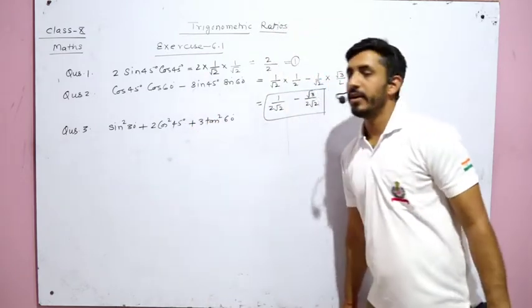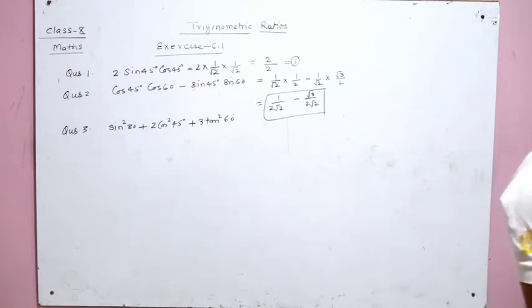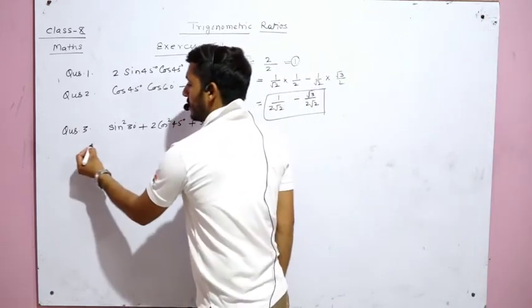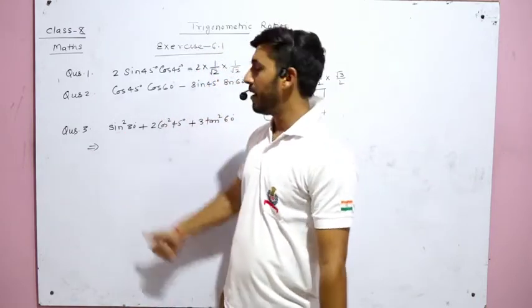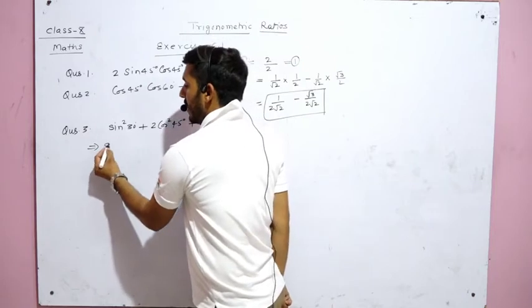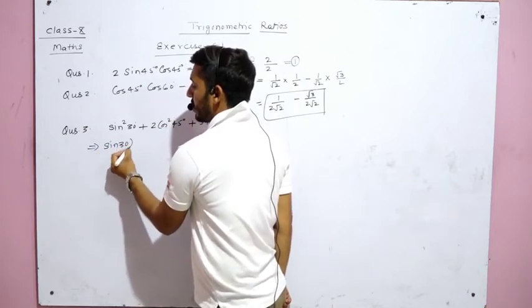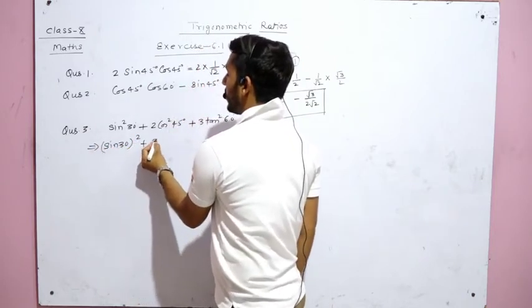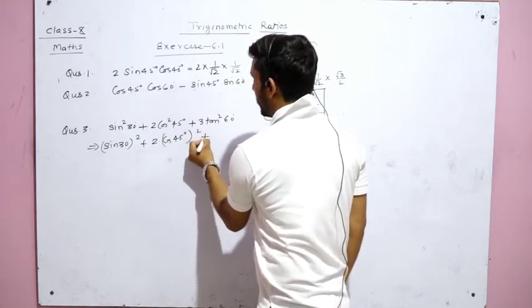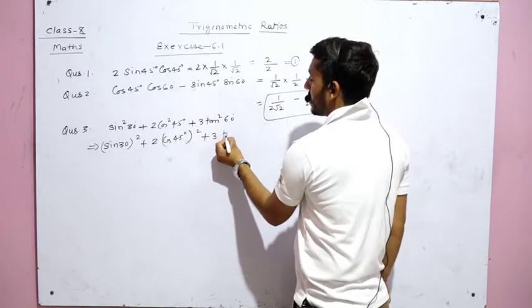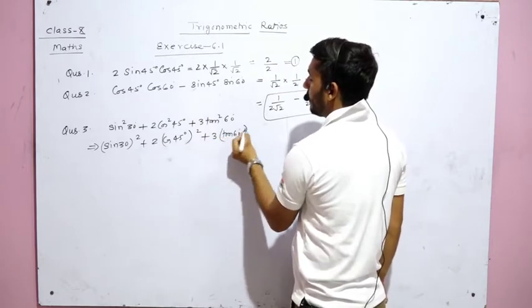We have to find the addition of all these three terms. By perceiving the values from the table, we can write sin 30 square plus 2 cos 45 square, and here 3 tan 60 square.